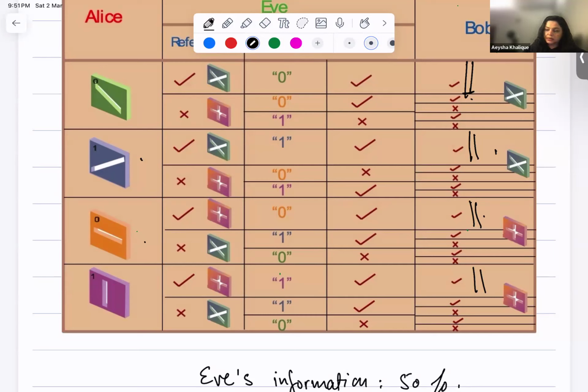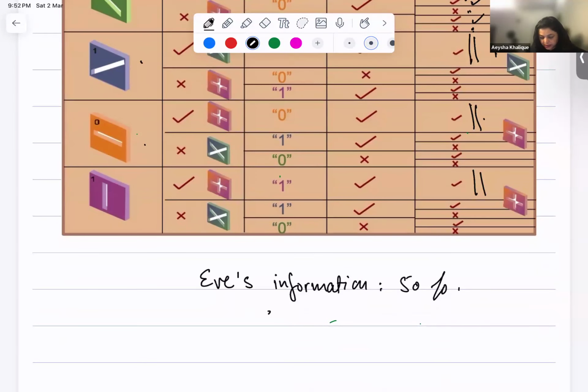So you can see that there is error in this case, that there is this zero over here. In this case, you see that this is the correct value, this is the correct value, but these two are wrong. So out of all these cases, 1/4 of the times his bit value is wrong, where he thinks it should be right. So there is an error on the Bob side, which is 25%.